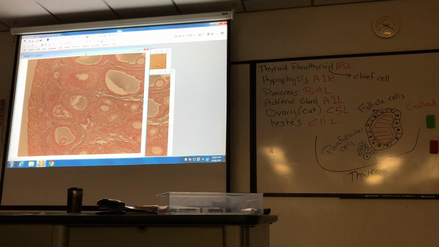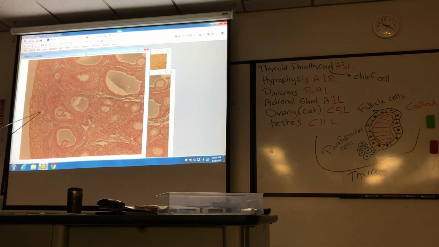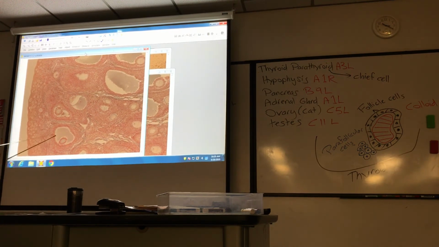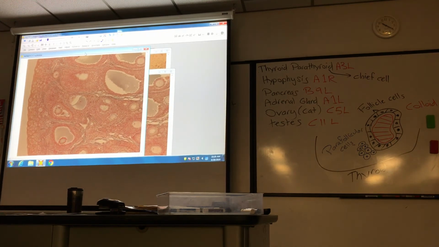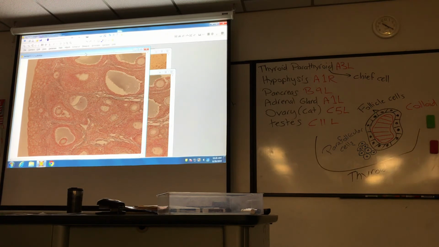So this is 100x. We can see our primordials, our primary. That's a larger primary. That's a graafian. I don't see a really good secondary in this field, so I'll go one more.